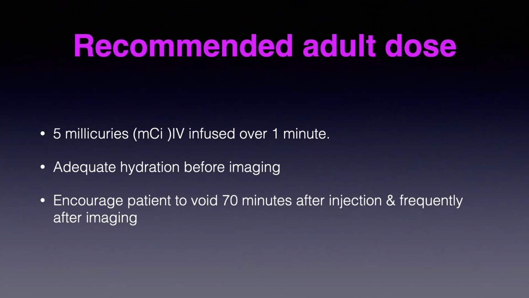The recommended adult dose is 5 millicuries of F18 F-Dopa IV infused over 1 minute. The patient is encouraged to drink a lot of fluids and to void 70 minutes after injection and frequently after imaging.